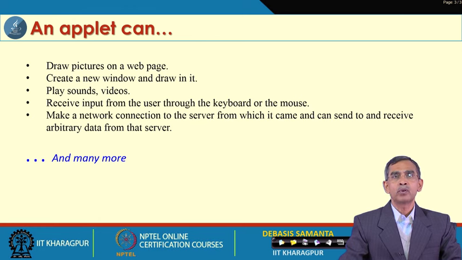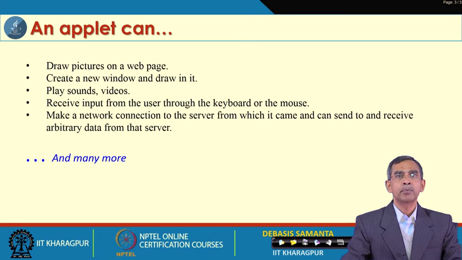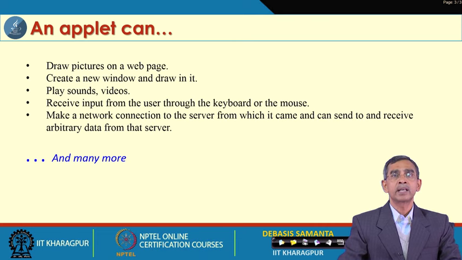Now, what can an applet do for us? Using an applet, a user can draw any pictures on the interface, I mean the graphical display screen. It can create a new window, and this window can be enabled to draw any graphics. It can play sounds, audio, video. It also can receive input from the user through the keyboard or the mouse, but not the input in the conventional way that a core program allows, like reading an integer, float or string.